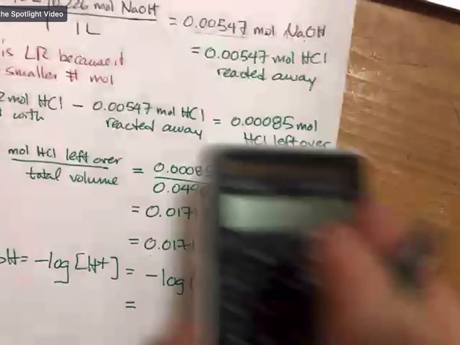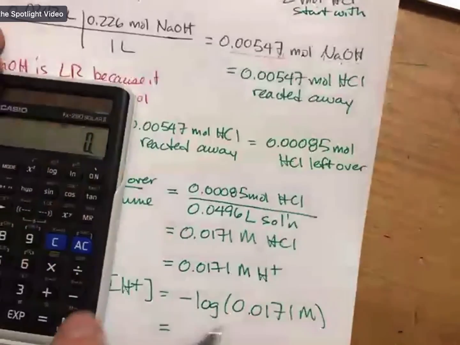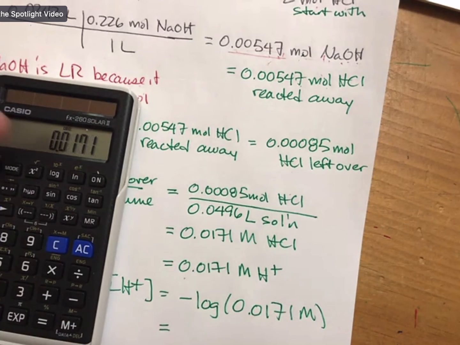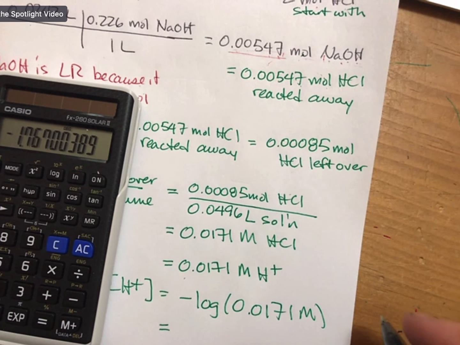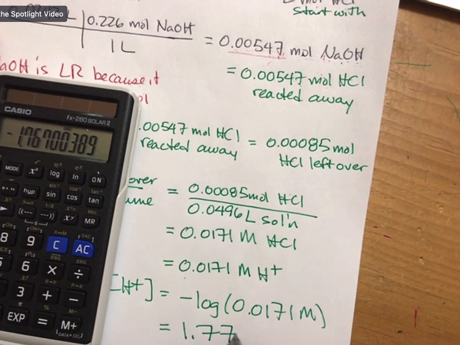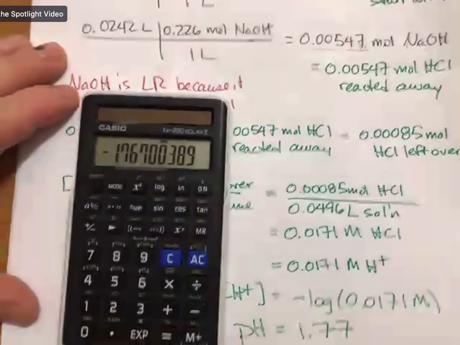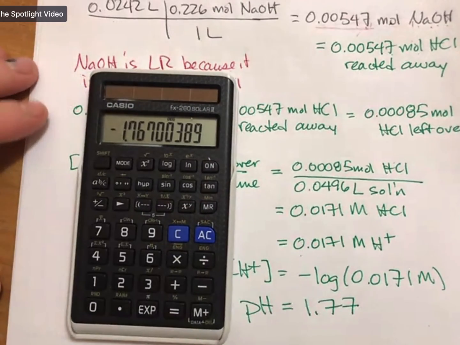And for mine, I have to enter in 0.0171 and then hit my log button here, and I get minus 1.767 or minus 1.77, and then when I take away the minus sign, I get 1.77 as my pH. And that is definitely less than 7. We said that this is an acidic solution, so pH should be less than 7, and good news, it is.